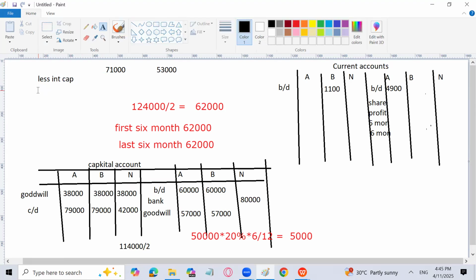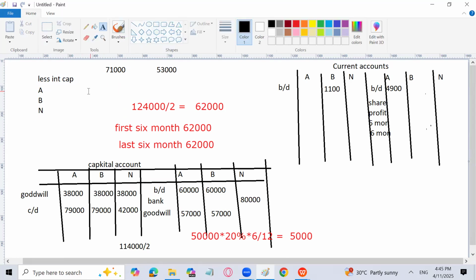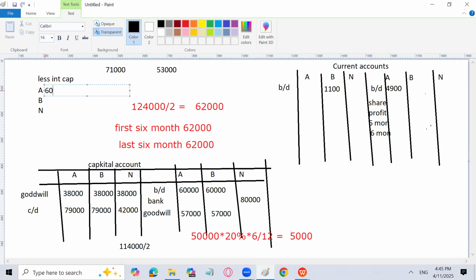That is for A, B, and N. For the first 6 months, the interest on capital is calculated on 60,000 into 5% into 6 over 12, as we have calculated earlier. 60,000 into 5% into 6 over 12, that is 1500. For B also it is 1500.